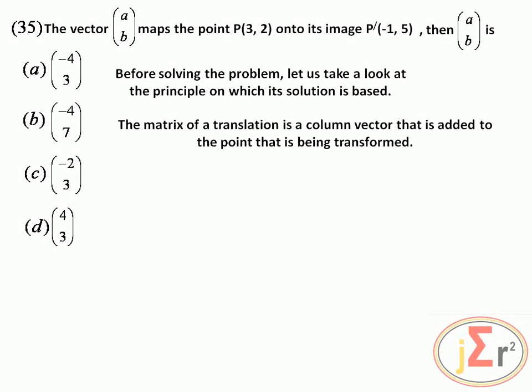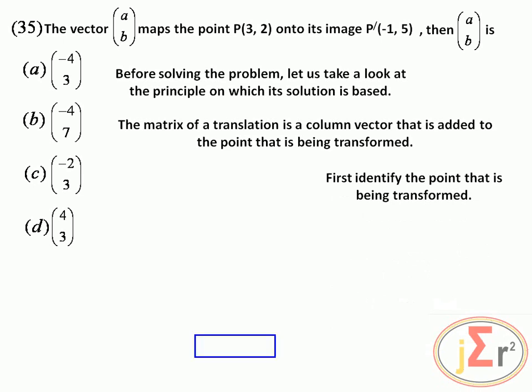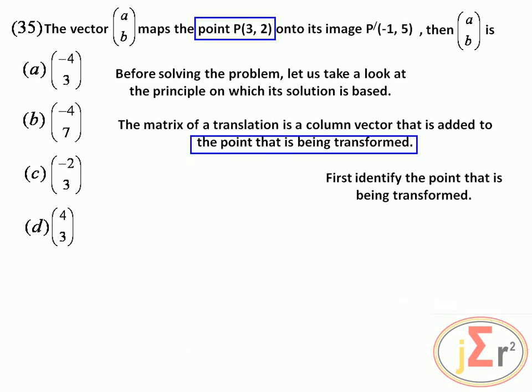It may not appear as if it can be used to solve the problem, but let us take a look at it in a few seconds. First, identify the point that is being transformed. We have the point that is being transformed, (3, 2). What do we know? The matrix of translation is a column vector that is added to that point.